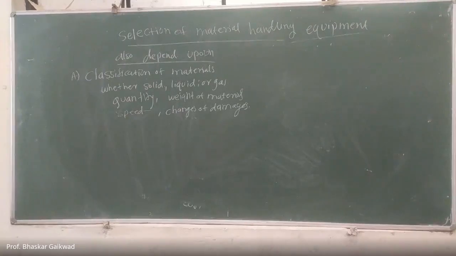So you can divide the materials to be handled as solid, liquid or gases, how much quantity, what is the weight, what is the speed, and is there any problem while handling. So these points you have to consider under the classification of the material.